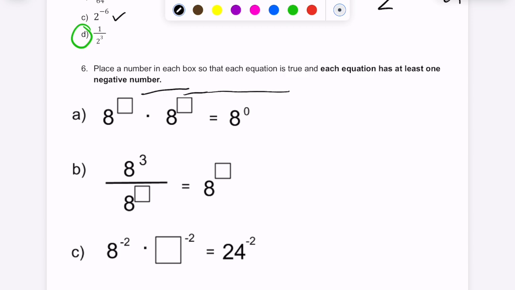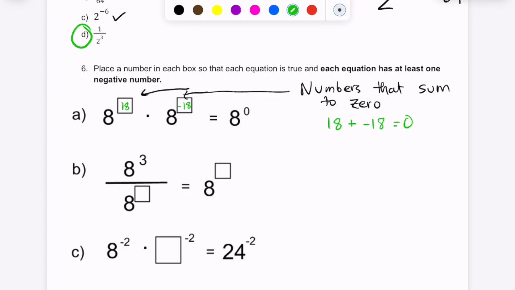Okay. Numbers that sum to 0. And there are infinitely many right answers to this. But numbers that sum to 0 are opposites. So my favorite number is 18, so I would probably do 8 to the 18th power times 8 to the negative 18th power, because 18 plus negative 18 equals 0.